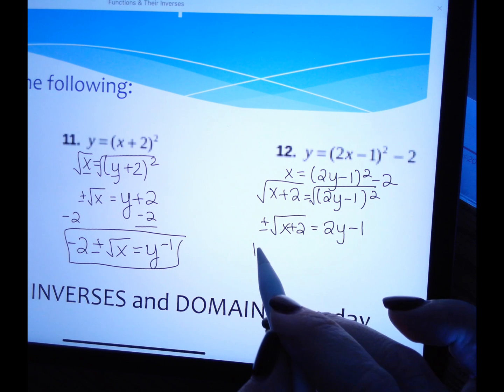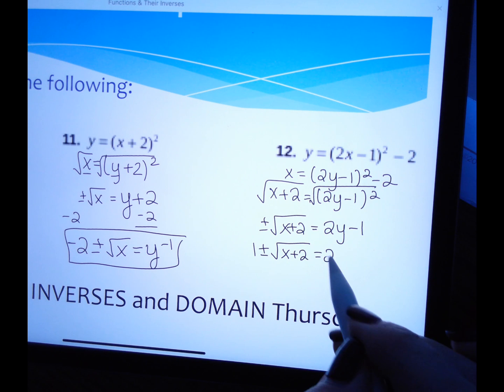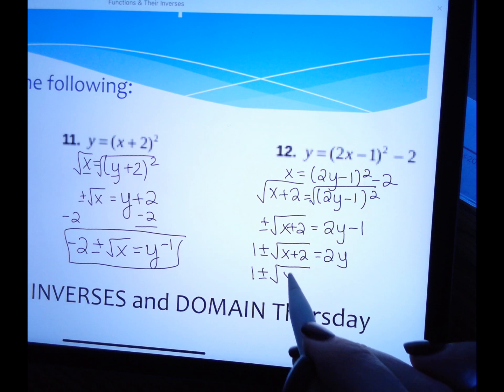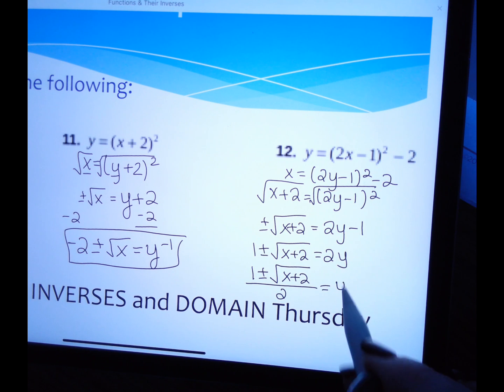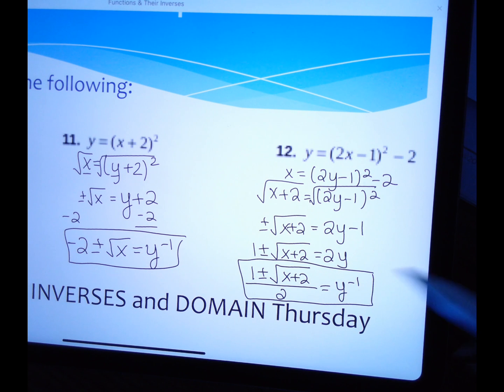Add the 1. And then divide by the 2. And that's your inverse.